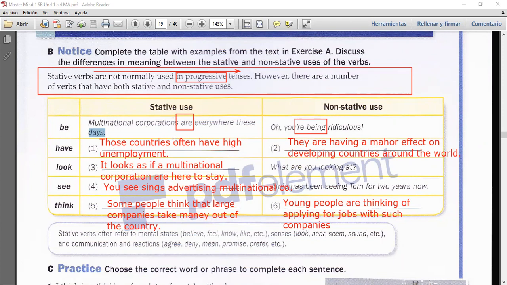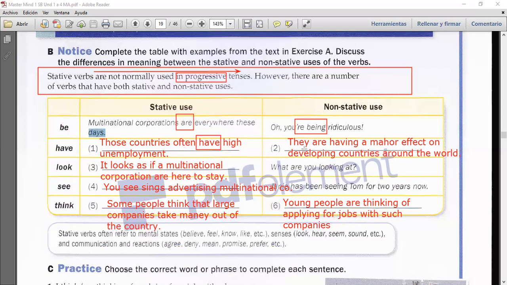Have. Those countries often have high unemployment. Have is a stative verb. In this case, we are not using the progressive because the meaning is just an opinion. Okay.